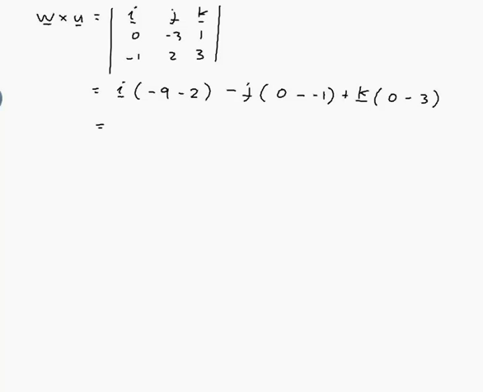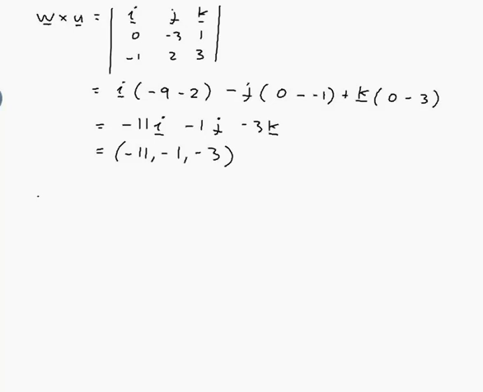So I've got minus 11i, minus 1, so that's minus 1j, minus 3k.